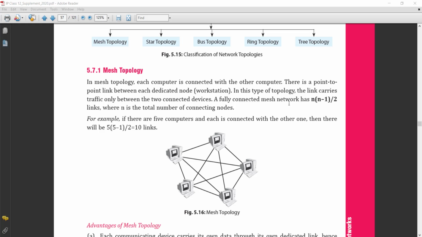A fully connected mesh network has n times (n minus 1) divided by 2 links, where n is the total number of connecting nodes. For example, if there are 5 computers, how many links are there? There will be 5 times (5 minus 1) divided by 2, which means 10 links.